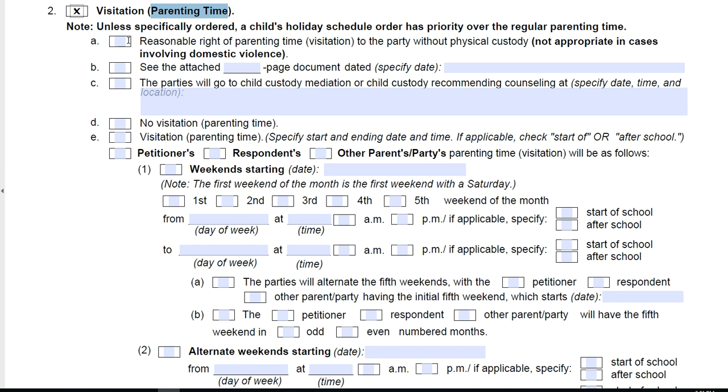And like I said at the start, this form gives a lot of common choices for visitation, and it's just a matter of reading through the choices to figure out what is going to work best for you and your family situation.